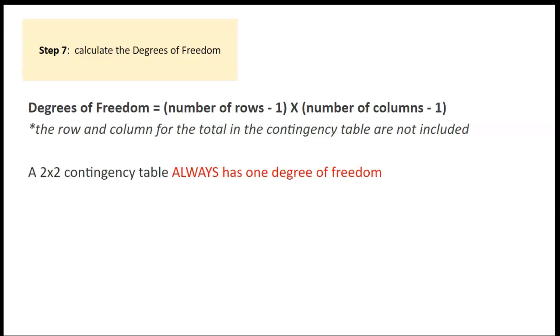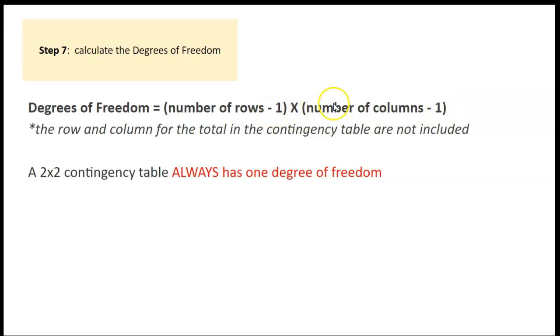Based on our contingency table, like the tables we've been using throughout all of this, it always has 1 degree of freedom. Okay? You do n minus 1. So number of rows, minus 1, number of columns, minus 1. And so we had 2 rows, 2 minus 1 is 1, times 2 columns, but minus 1, so 2 minus 1 again is 1.